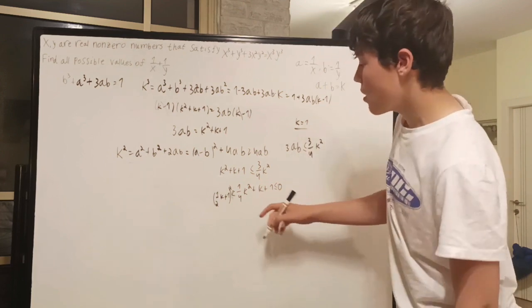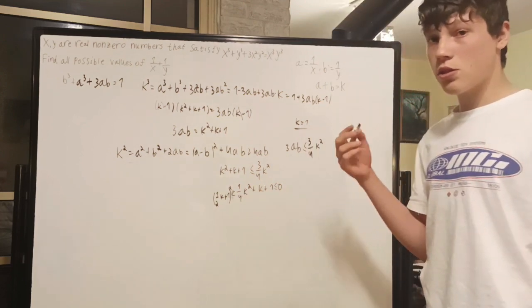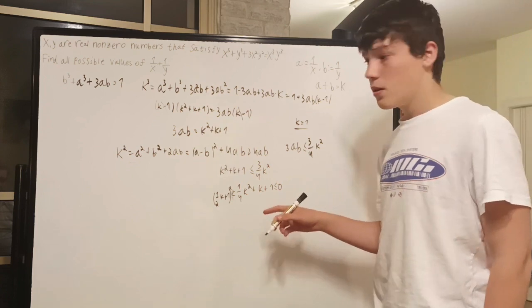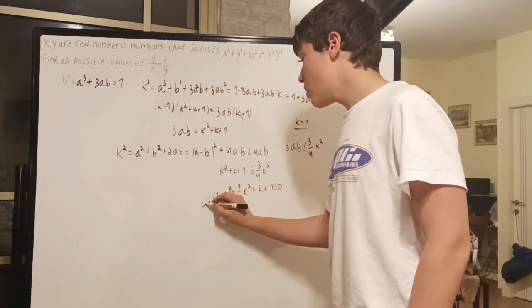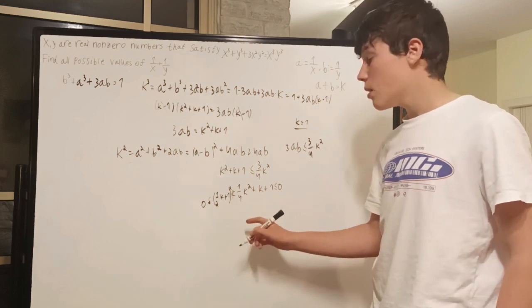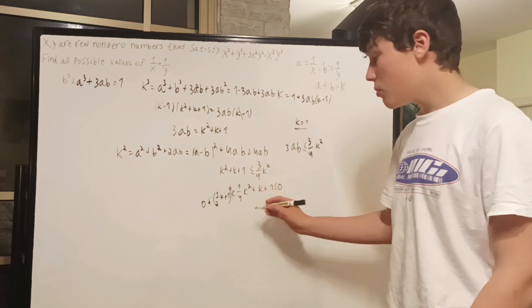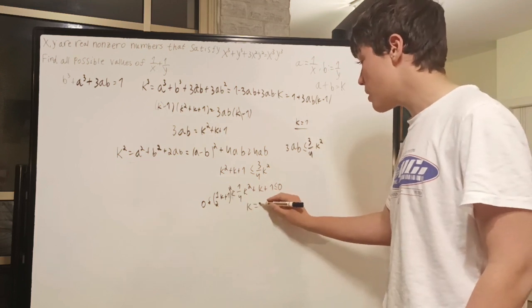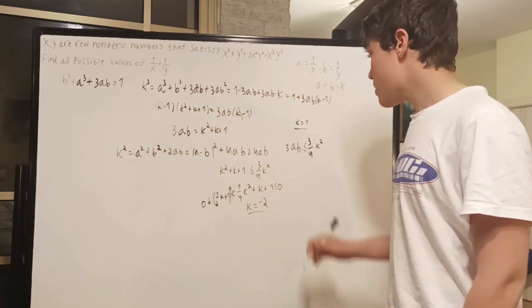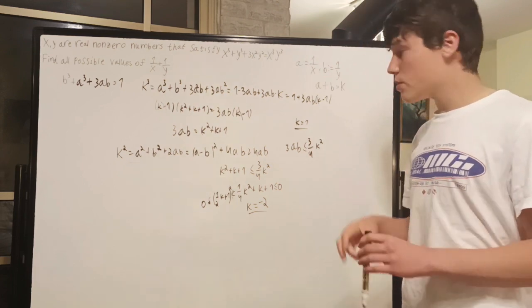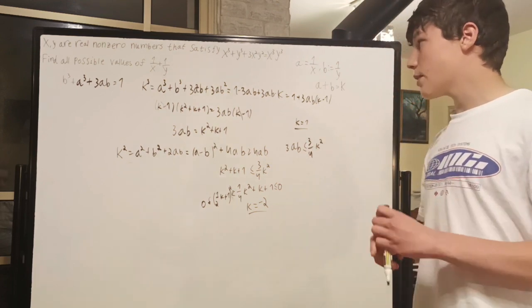And so if a real number squared is non-positive, smaller than or equal to 0, because it's also non-negative, that means it has to equal 0. So if this is 0, then the inside is 0. So we multiply by 2, move to the other side, and we get k is equal to -2. So we got two possible values: k is equal to 1, k is equal to -2.